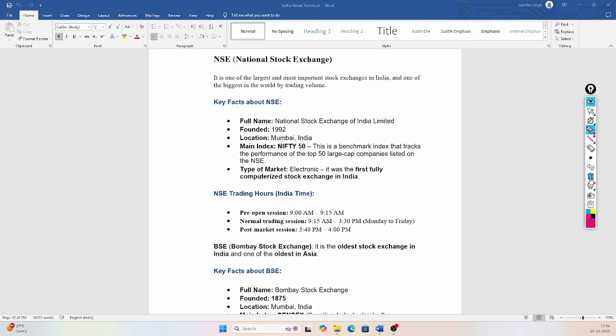Now, when NSE was not there, there was no computer. So what happened was that people wrote in newspapers and gave them in.